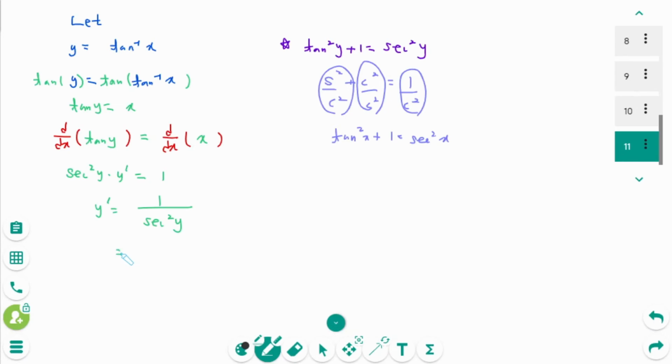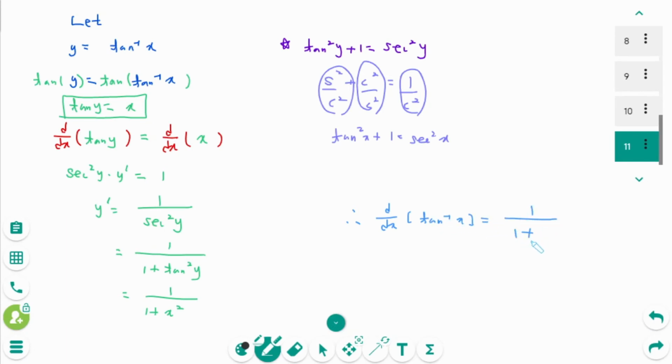Then back to the original, 1 over secant squared y means 1 over 1 plus tangent squared y, and since tangent y equals x, that is 1 over 1 plus x squared. Therefore, d dx of arctangent x equals 1 over 1 plus x squared.